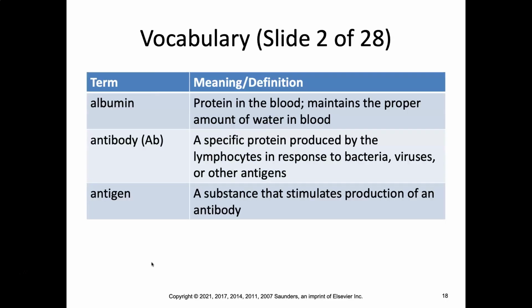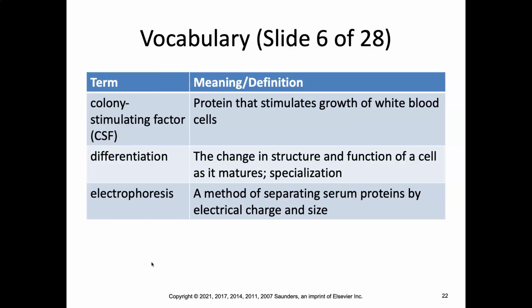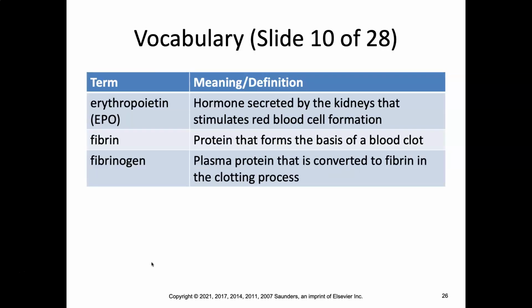All right, vocabulary: albumin, antibody, antigen, basophil, bilirubin, coagulation, colony stimulating factor, differentiation, electrophoresis, eosinophil, erythroblast, erythrocyte, erythropoietin, fibrin and fibrinogen.